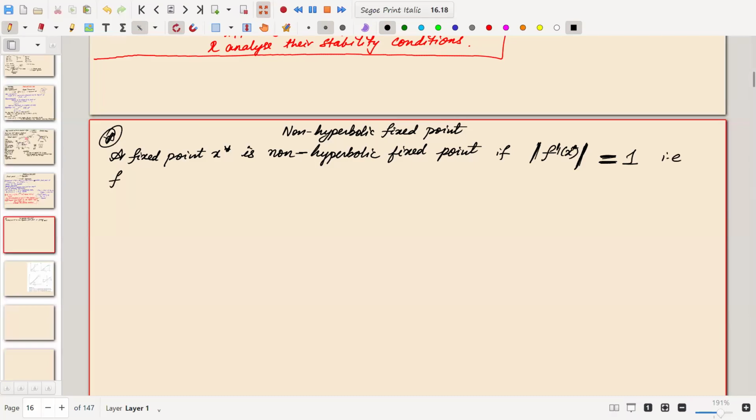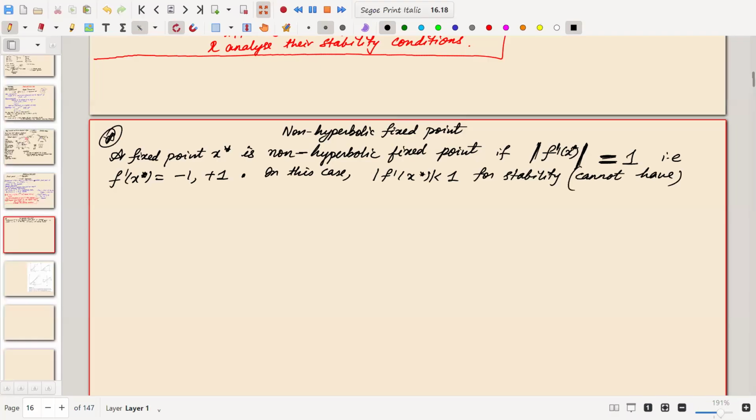That is, f prime at x star is equal to -1 or 1. Right. So in this case, we cannot have the absolute value of f prime at x star less than 1 for stability, right? Isn't it? We cannot have f prime at x star less than 1.